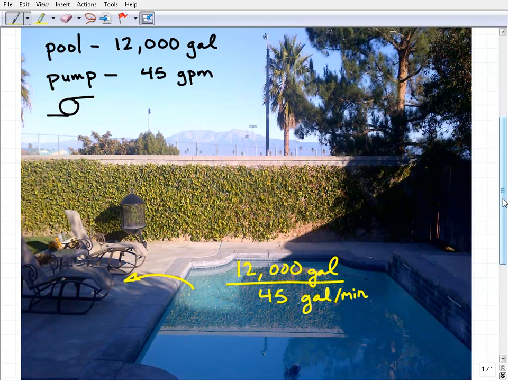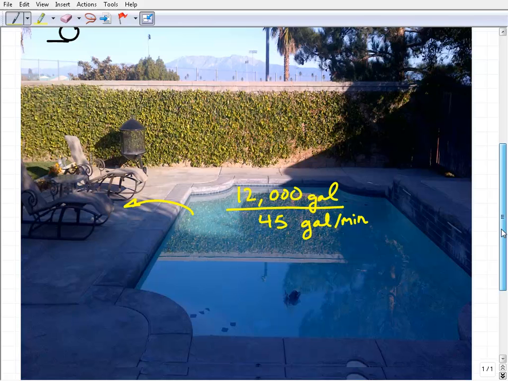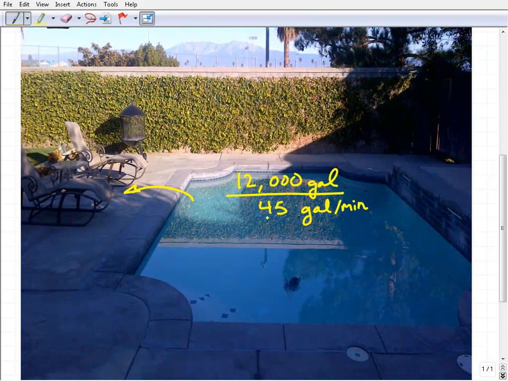Now, if we look at this setup a little bit closer, 12,000 gallons divided by 45 gallons per minute, let's look at this fraction a little bit closer. It is 12,000 gallons over 1, divided by 45 gallons per minute.